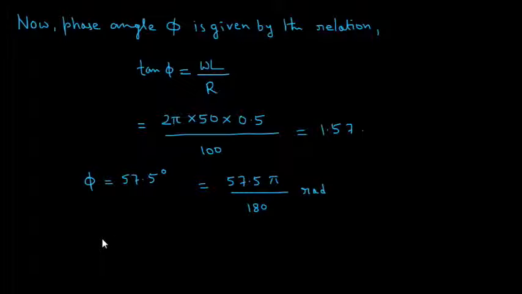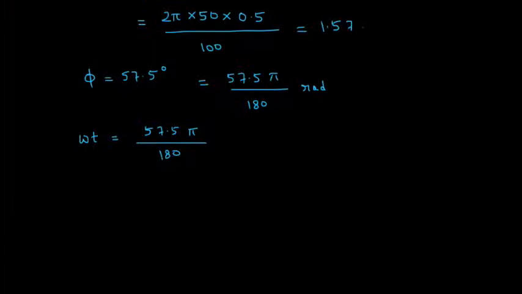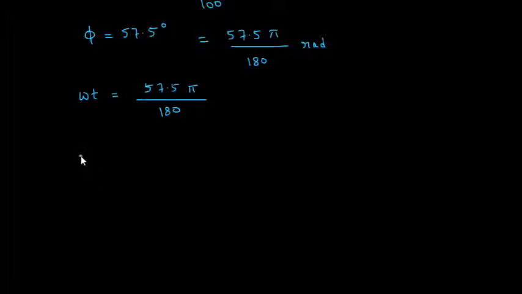So we can write phi is equal to omega t, which is equal to 57.5 pi upon 180. So t is equal to 57.5 pi upon 180 divided by omega.